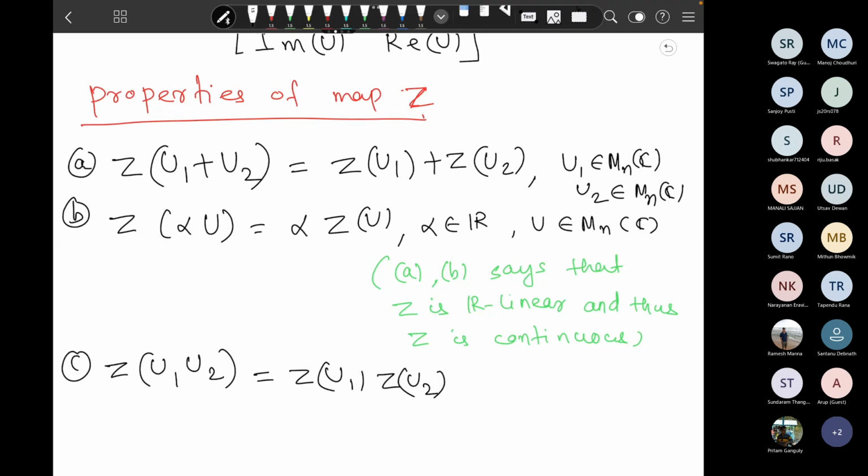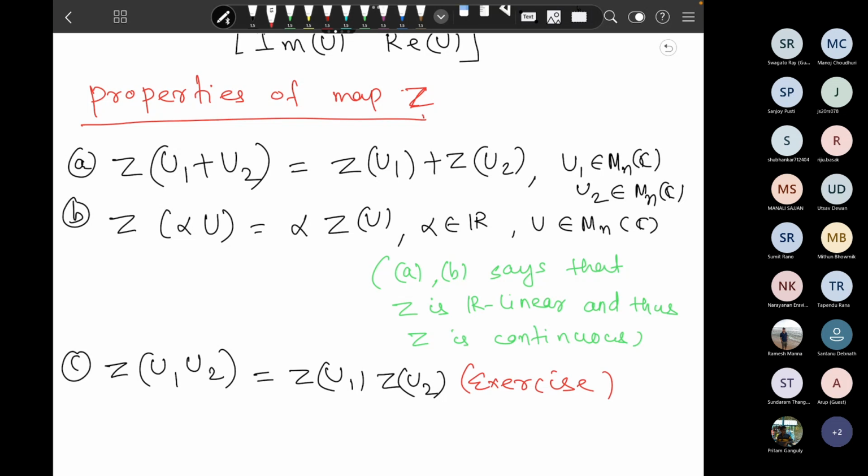If you are unable to see it now, take it as an exercise. One possible way is to take U1 equal to A plus iB, U2 equal to A prime plus iB prime.